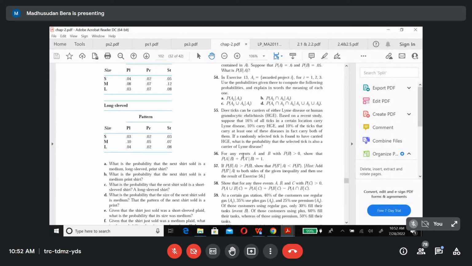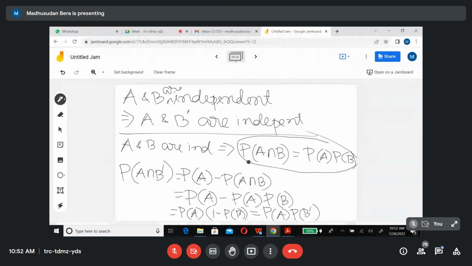For any events A and B with P of B greater than 0, we have to show that P of A given B plus P of A dash given B is 1.